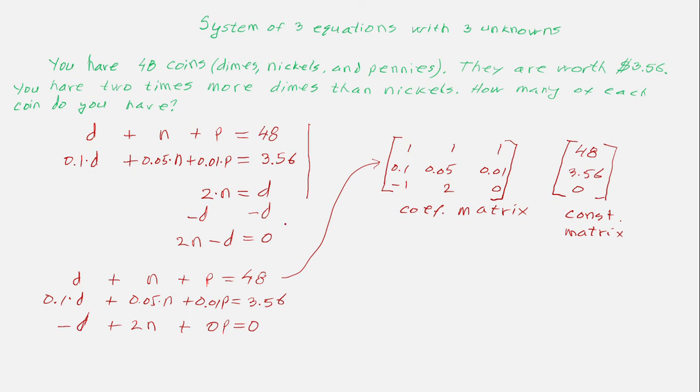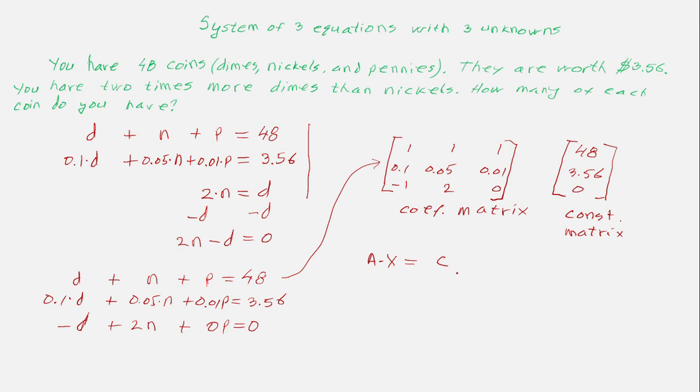So if we have, let's say, a matrix A times a matrix X equals a matrix C, then if we want to solve for X, let's say that's the variables matrix. So these here are the coefficients matrix, variables matrix, and then constants over here.